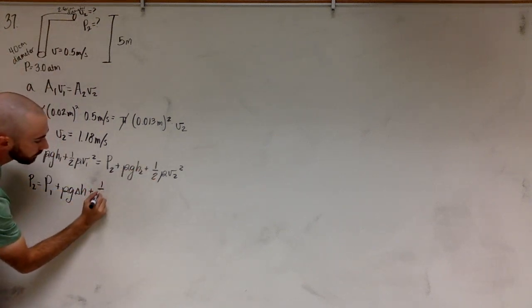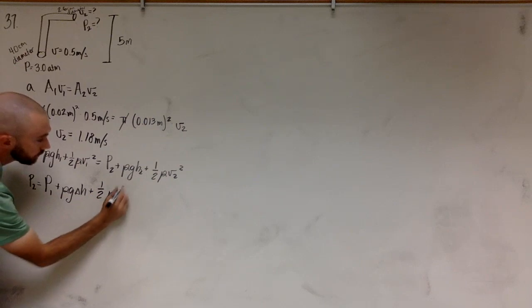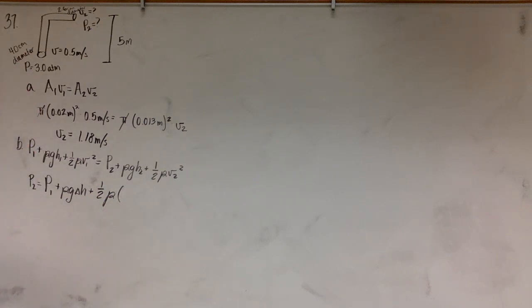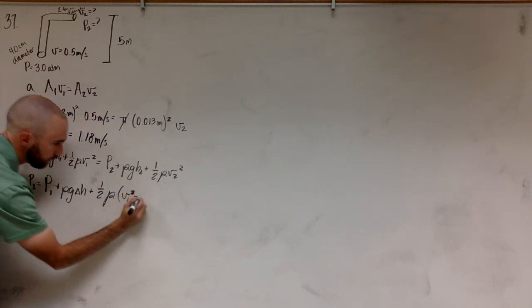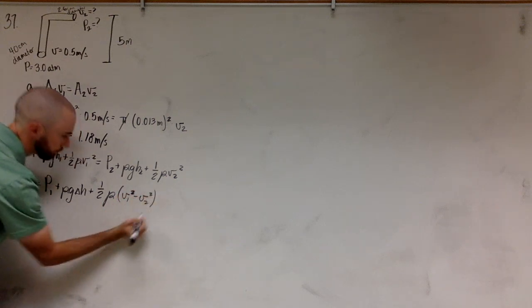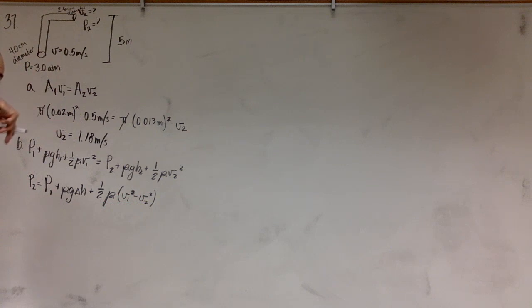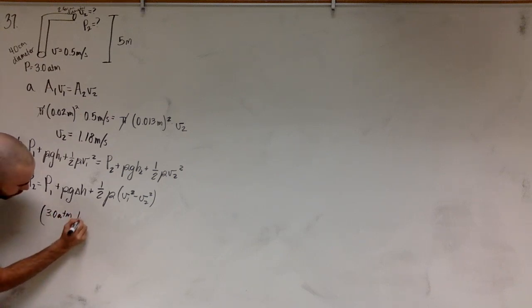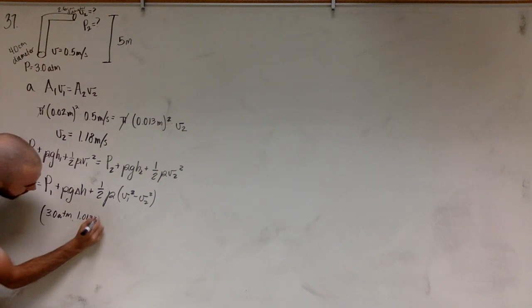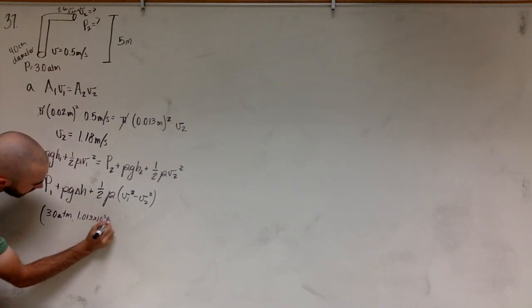And then now we'll have 1/2 rho, and in this case, since there's a square, we can't break it up the same way, but we'll get v1 squared minus v2 squared. Going ahead and plugging that in, we get 3 atmospheres, so that's 3.0 atm, times 1.013 times 10 to the 5th pascals per atmosphere.